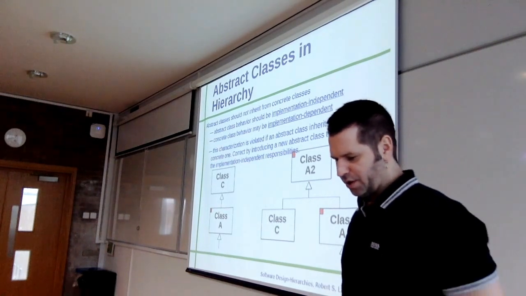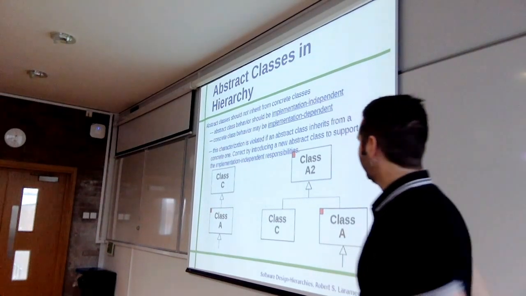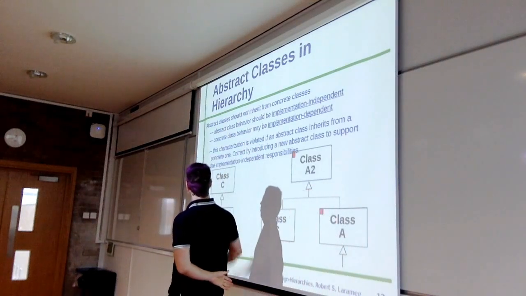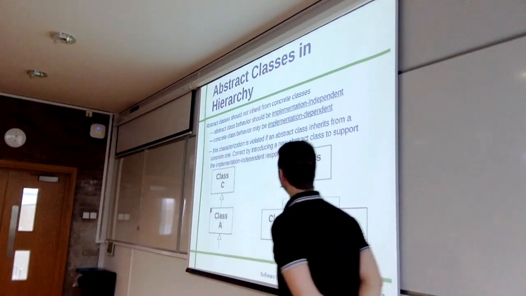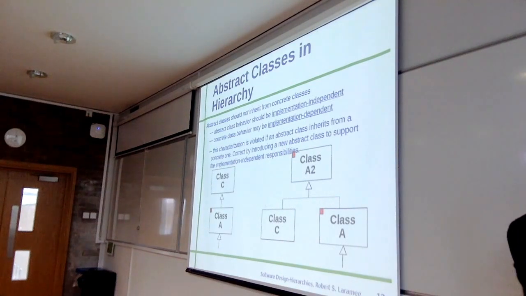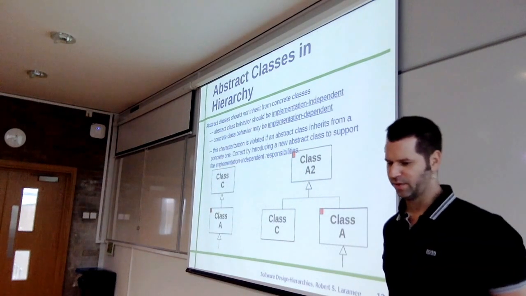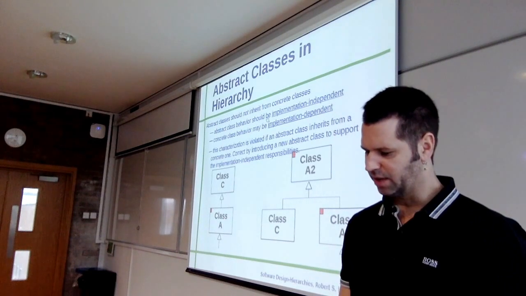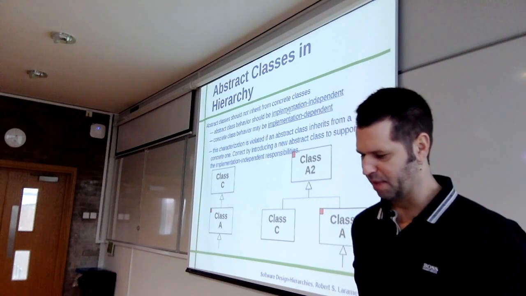Abstract classes should not inherit from concrete classes. So that's an example of an abstract class inheriting from a concrete one. That's not a good idea, and you'll never see that happening in the Java library. Abstract class behavior is implementation independence.